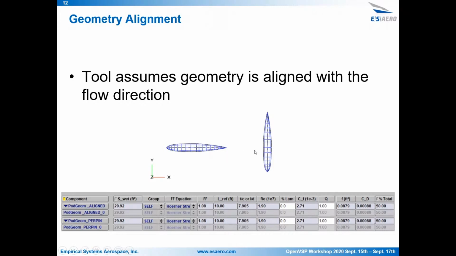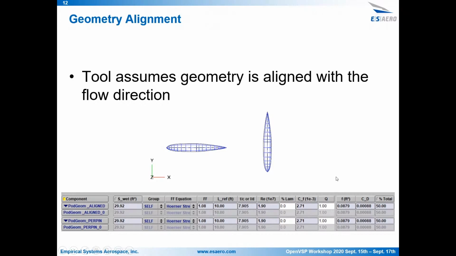So I just put two different pods into a particular model and ran them through the Parasite drag tool, and you can see here they come up with the exact same drag contribution. There's no deriving or inferring the pod orientation angle.